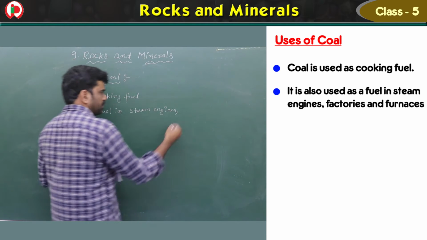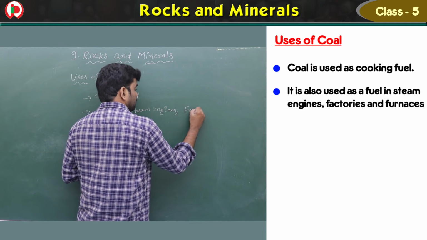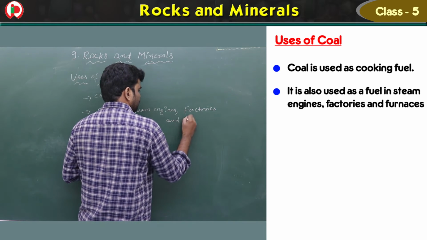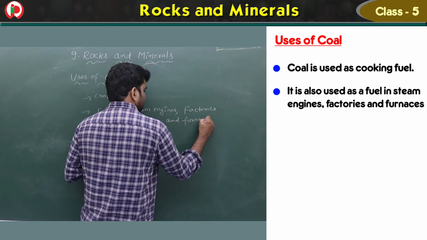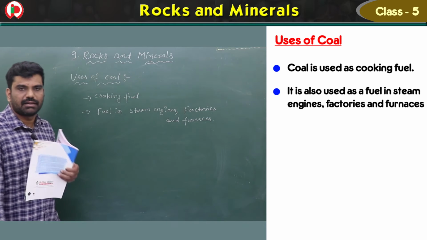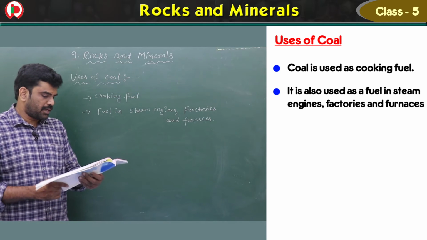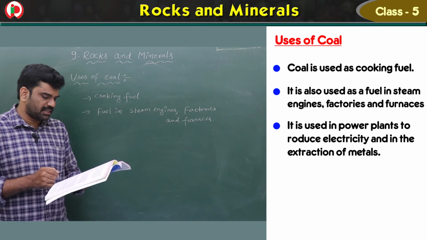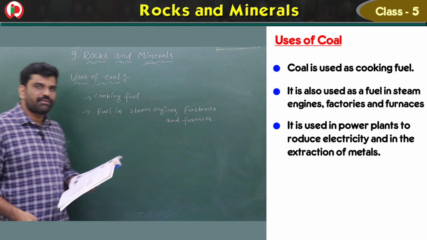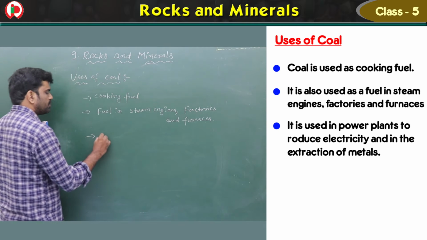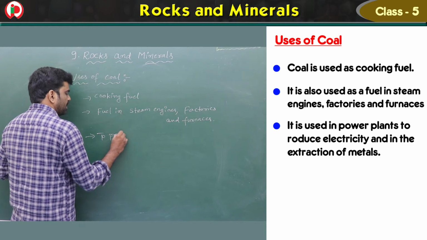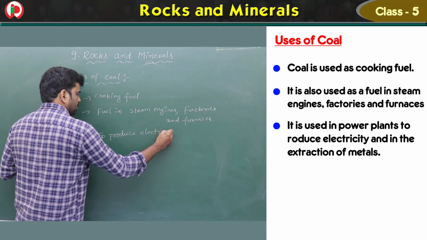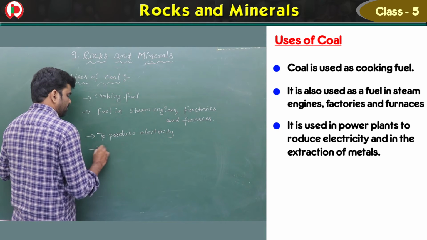Next one is factories and furnaces. And it is used in power plants to produce electricity and in the extraction of metals.